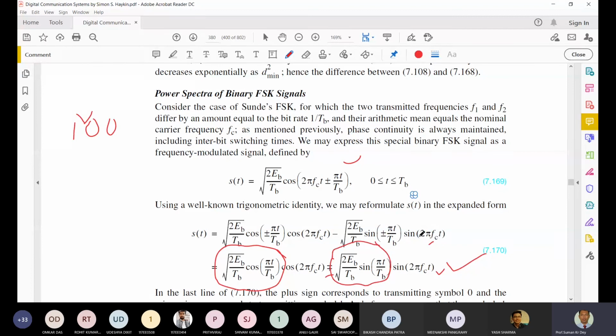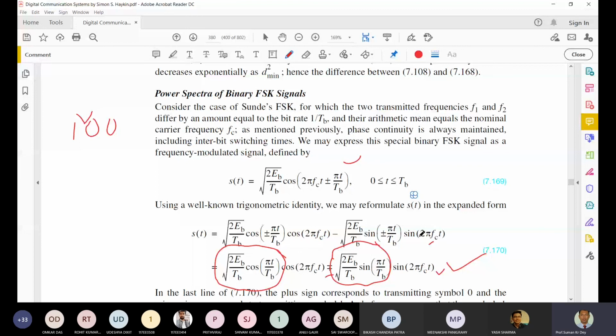So that means x(t) is dependent on two elements: the in-phase component and the quadrature component. The in-phase component is completely independent of the binary input wave.